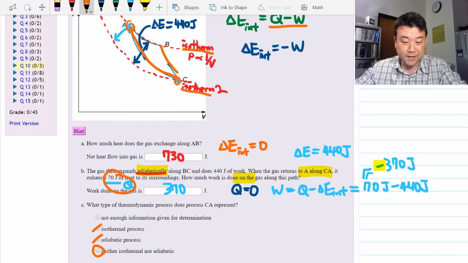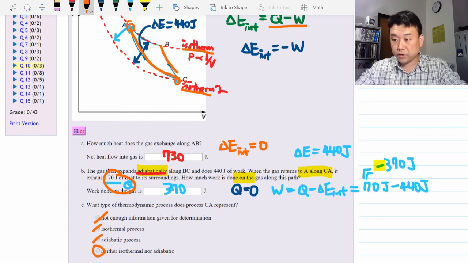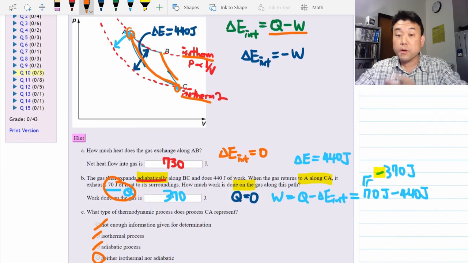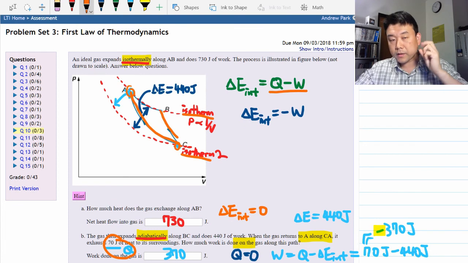Since we figured that out, there is enough information to determine that it is neither isothermal nor adiabatic. That's this question. Once again, as long as you have a good conceptual understanding of what a thermodynamics problem involves, you can do this very quickly without a lot of tedious calculations.